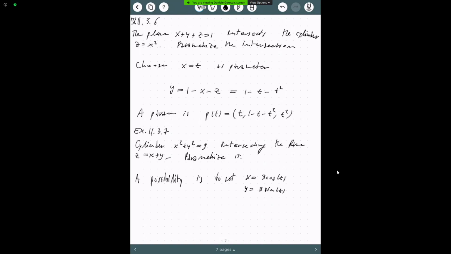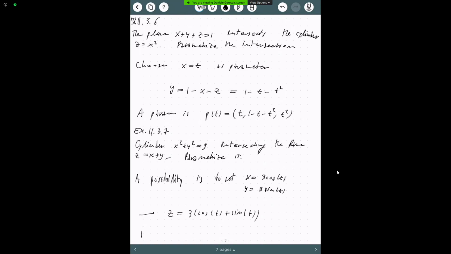You see that this selection fulfills the equation of the cylinder, and then from this you can just say that z is equal to 3 times cosine t plus sine t.